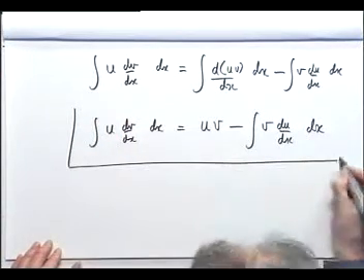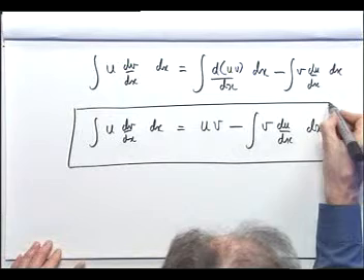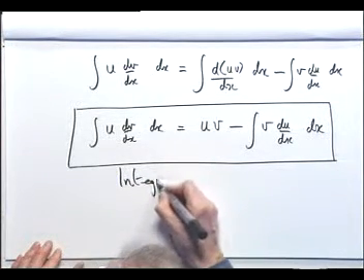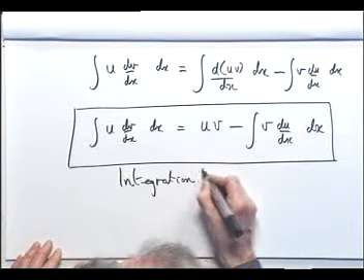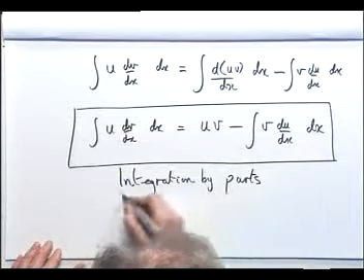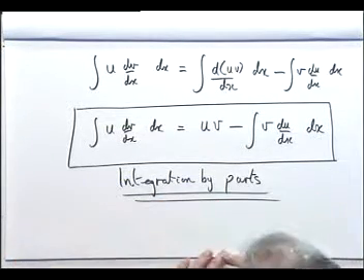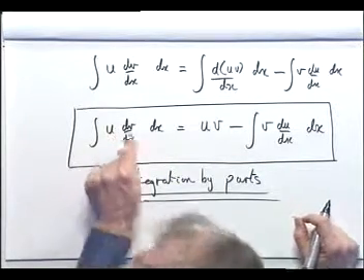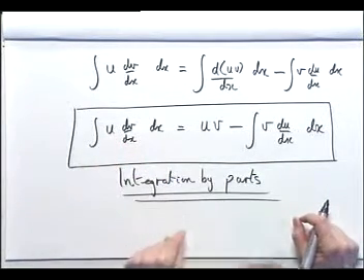This is the formula which we call integration by parts. And we can see why it gets that name, because in essence we're integrating a part of the product at a time.